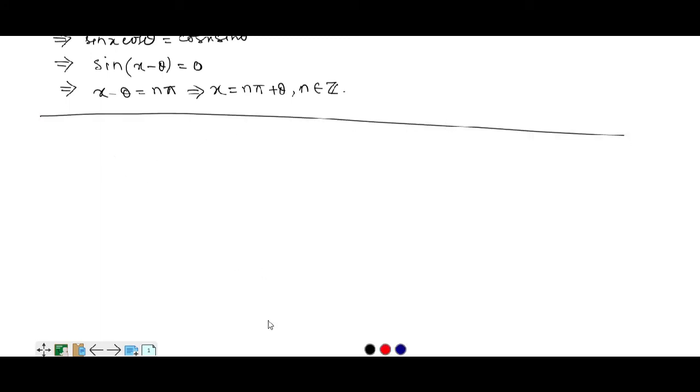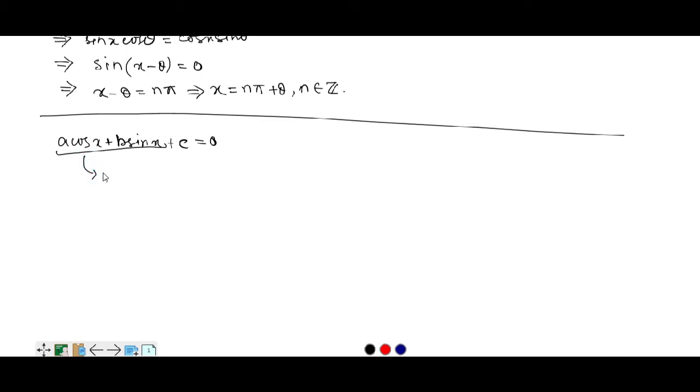Now this one is of the form a cos x plus b sin x plus c is equal to 0. What is the way to solve this kind of equation? The way is to write a cos x plus b sin x as a single function of sine or cosine.